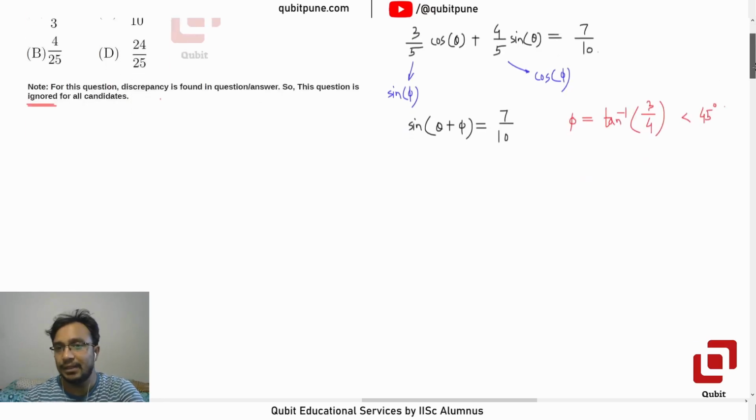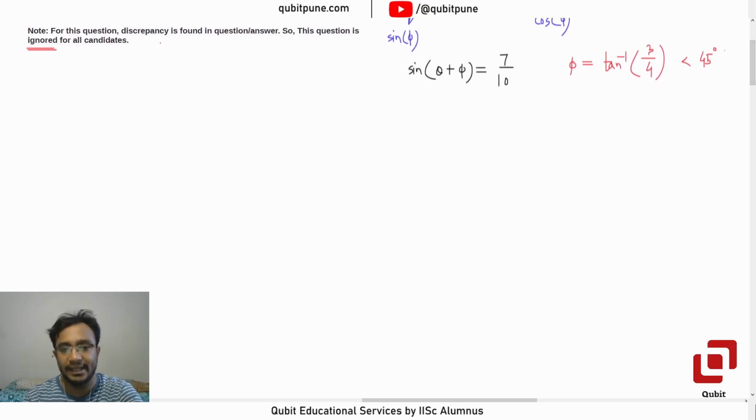Now let us take this equation, sin(theta plus phi) equal to 7 upon 10, and analyze it further.